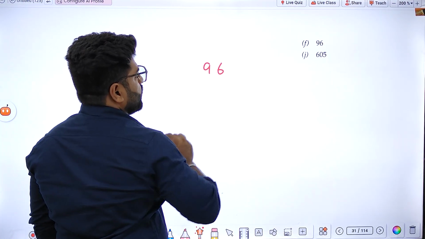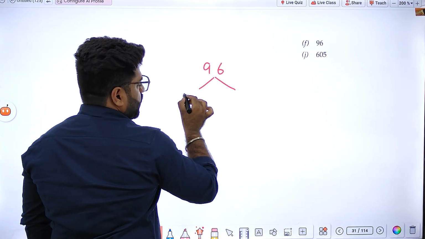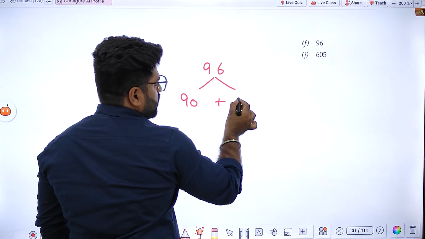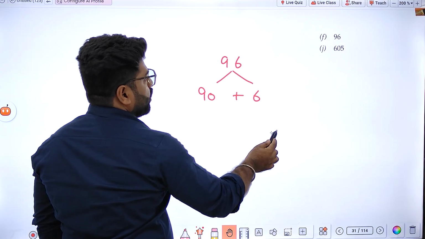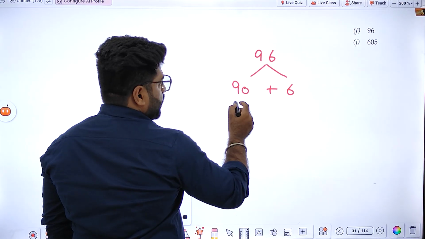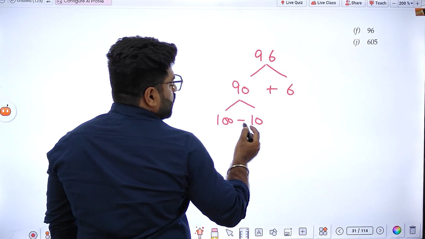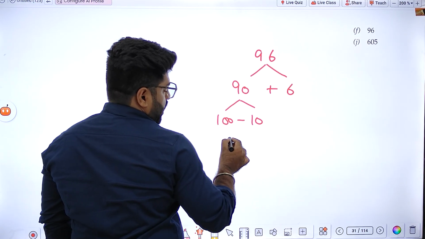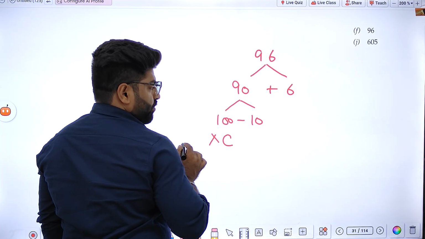So we have to write this number, so we have to break it down. How? Okay, let's break it down. That is 90 plus 6. Then again we break it down. For 90 we can say 100 minus 10. For 100 we have C, and for minus 10 we put X on the left side.